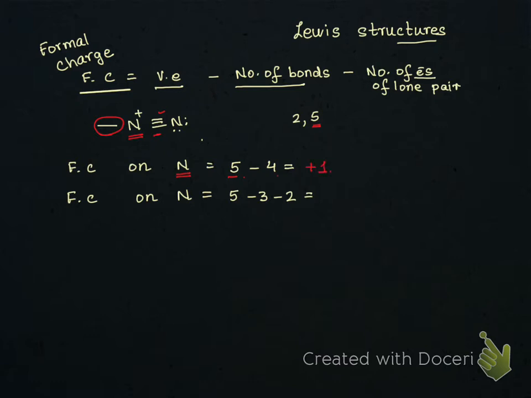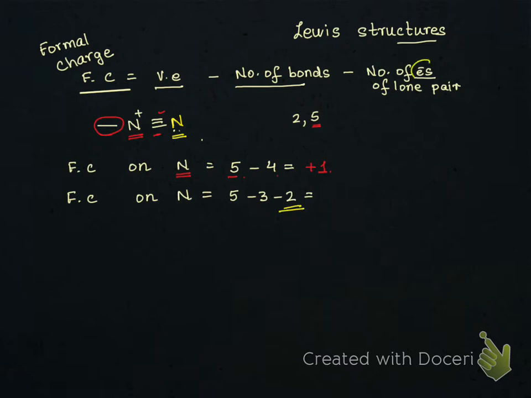What's the formal charge on my nitrogen, which I'm going to underline now in yellow? Yes. So again 5 minus 3 minus the lone pair of electrons. So how many lone pairs will it have? Look at the structure, draw the structure yourself, and then tell me how many lone pairs. Yes, one lone pair. But why have I put a 2 over here?